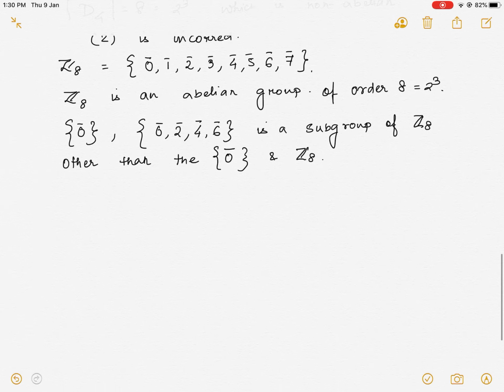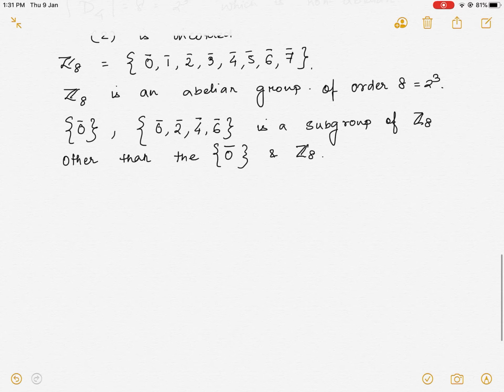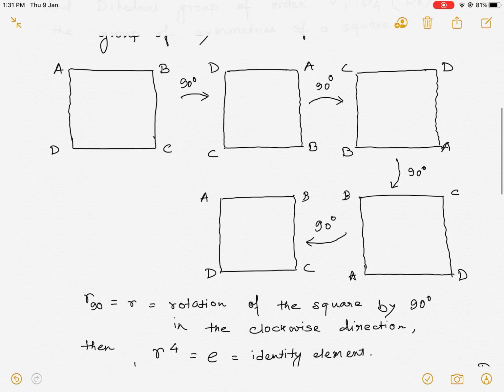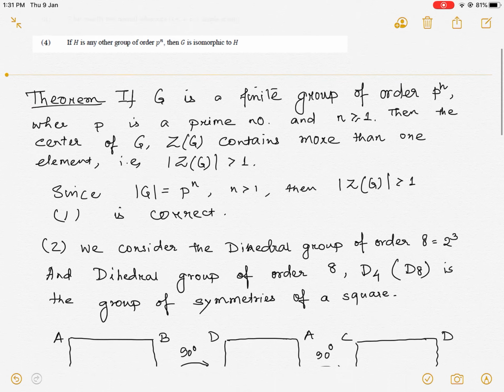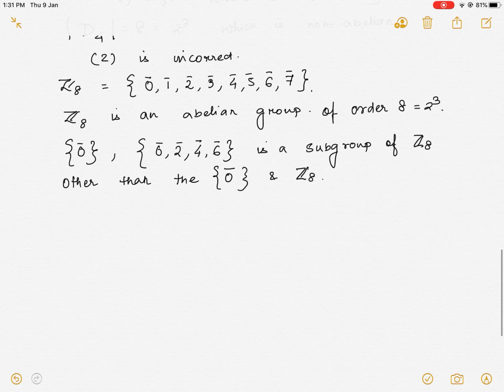Since Z8 is abelian, this subgroup has to be a normal subgroup of Z8. Thus we are getting a normal subgroup of Z8 other than 0 and Z8 itself. So option 3 is also ruled out since Z8 is not a simple group. Option 3 is incorrect.